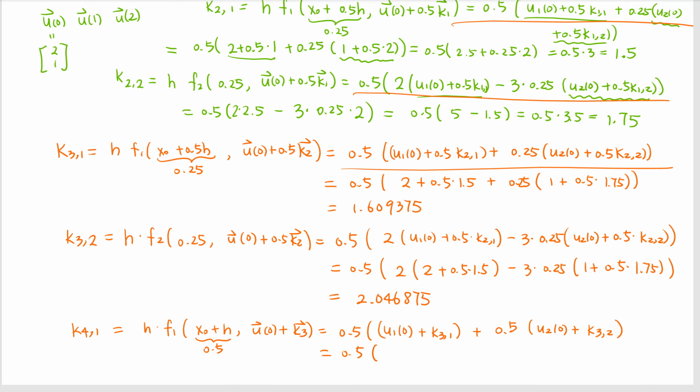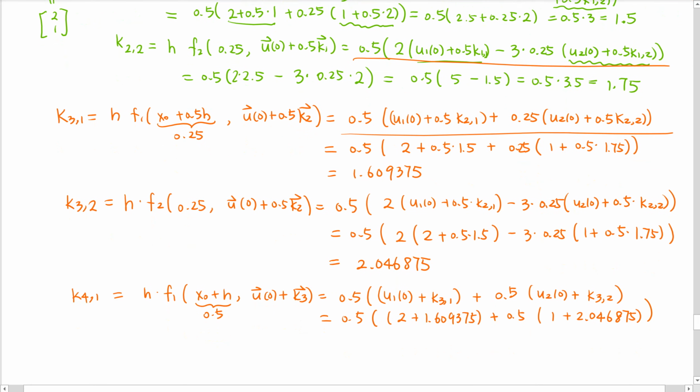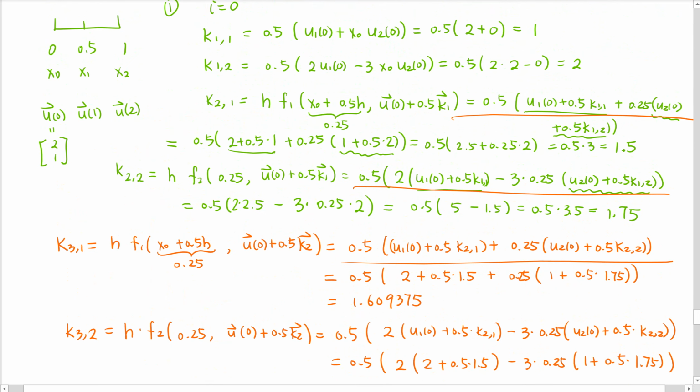Okay, u10 is 2, k31 is 1.609375. And u20 is 1, k32 is 2.046875. Okay, let's see what this is.